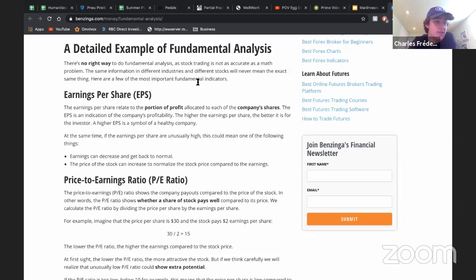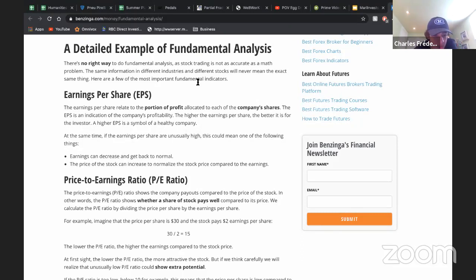Normally analysts estimate that, okay, this company is going to be earning $2 per share. And when the company releases its results, if they're higher than what the analyst predicted, normally the stock will go up. If they're lower than the prediction, it's going to go down.